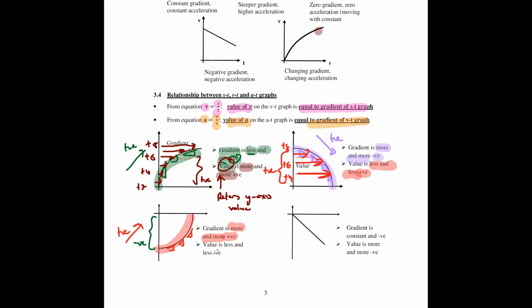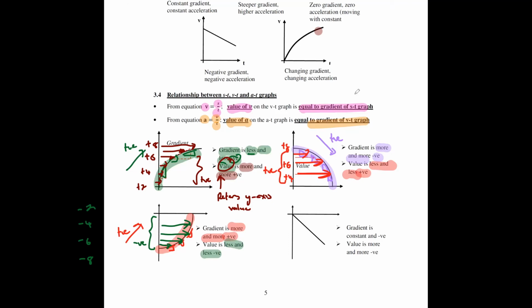Your values would be negative, but then you look at how the values are changing, from this point to this point to this point to this point. It's actually becoming less and less negative. It could be from negative 8 going to negative 6, negative 4, negative 2. So this is less and less negative.